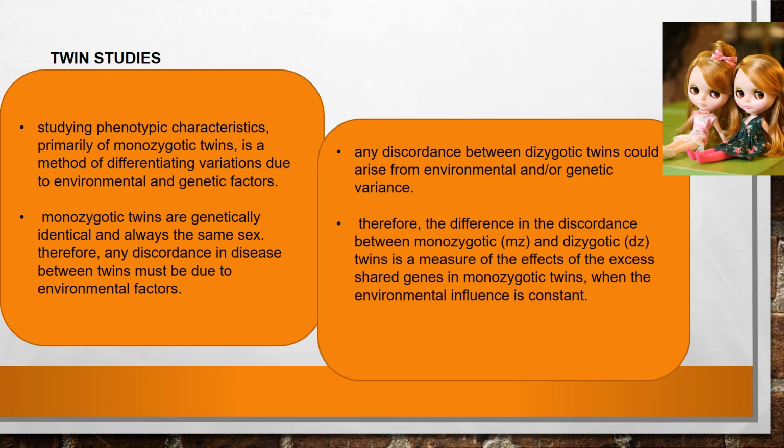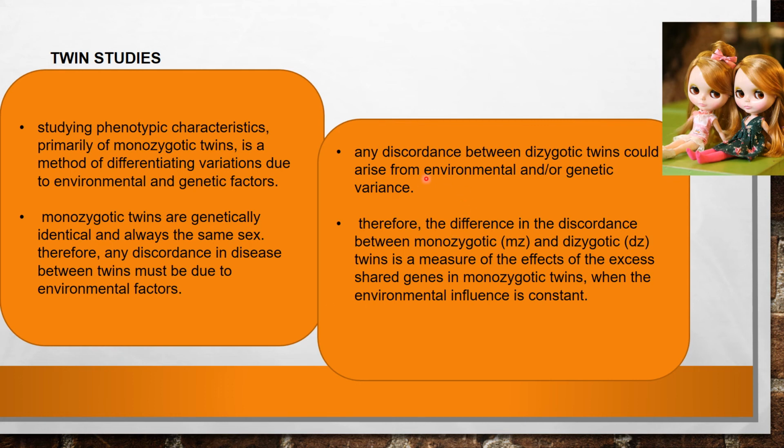Then coming to the twin studies. Studying phenotypic characteristics, primarily of monozygotic twins, is a method of differentiating variations due to environmental and genetic factors. As you know, monozygotic twins are genetically identical and always have the same sex. Therefore, any discordance in the disease between the twins must be due to the involvement of environmental factors.